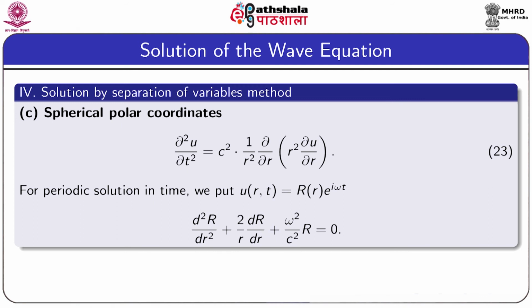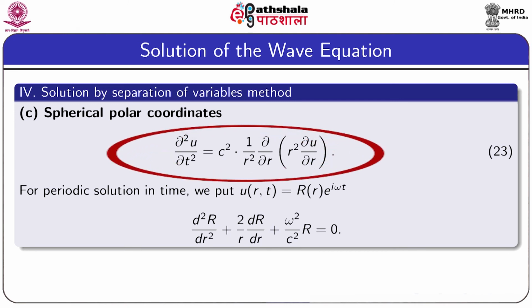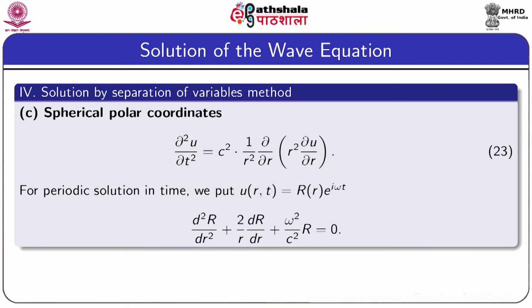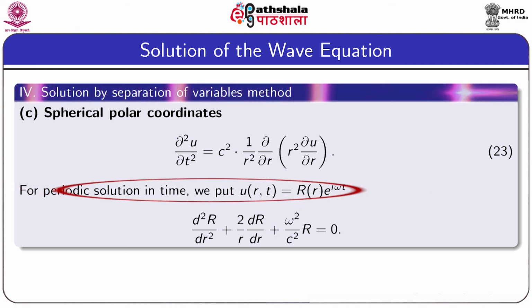Now, I am going to discuss the spherical polar coordinate system case, where the wave equation can be written in the form given in equation number 23. Again, we are applying the separation of variables method, and we are assuming the periodic solution.